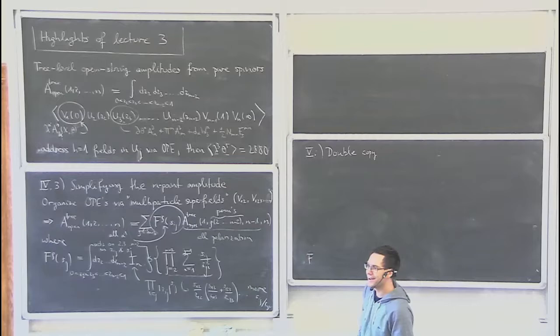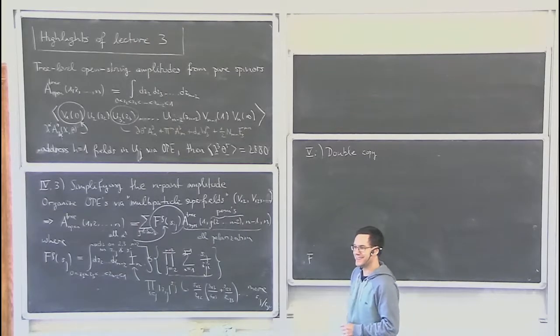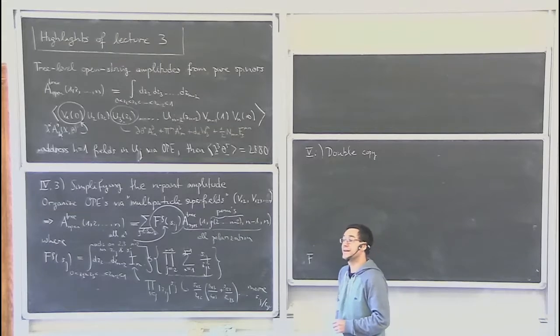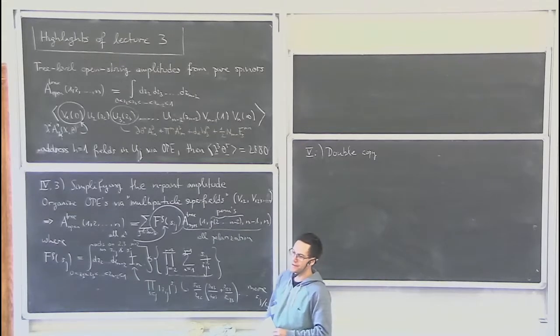You have different diagrams with a different color ordering. So it means essentially that given the S channel, you have different color ordering.